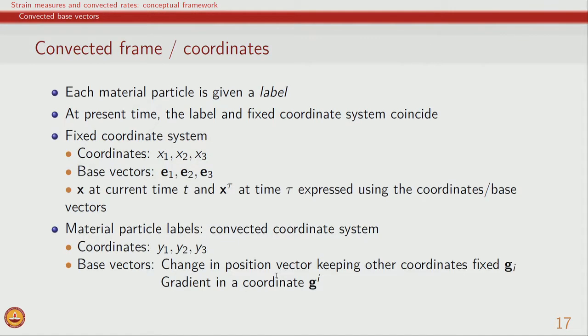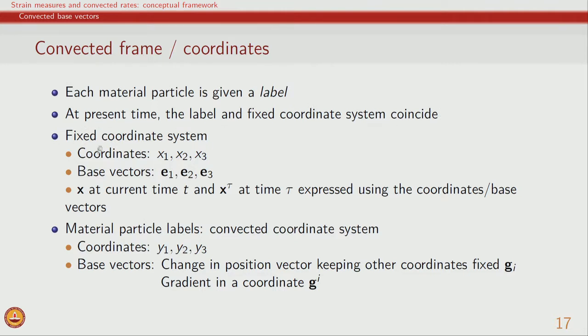So, in the previous class we looked at how we can define a convected frame and therefore a convected coordinate system, where each and every material particle is given a label, and at the present time the label and the fixed coordinate system coincide.